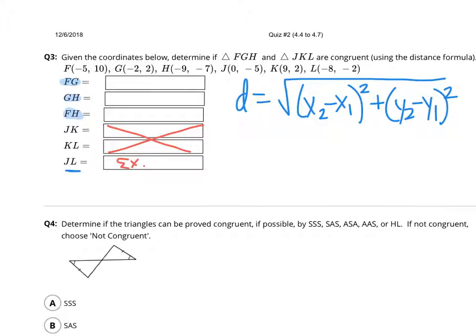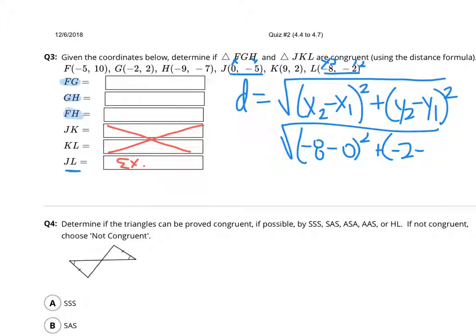Okay, so here's how it would go. I'm doing JL, so I need points J and L. So just remember that's your x1, y1, x2, and y2. So I need x2, which is all under the radical. I need negative 8 minus x1, which is 0, squared, plus y2, which is negative 2, minus negative 5, squared.